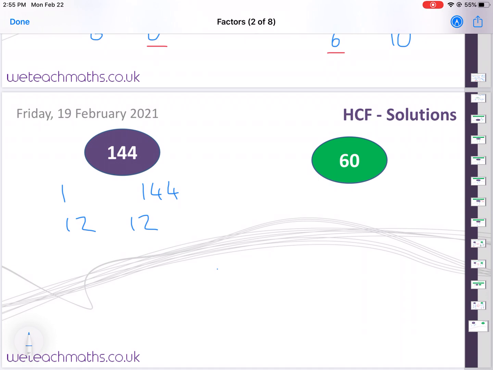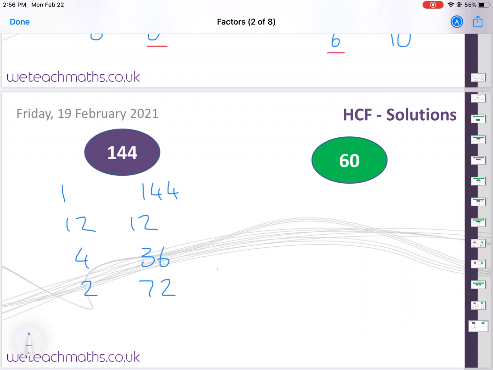We can also divide it by 12, so it's 4 and 36. We could divide 144 by 4. What else? We've got 2 and something as well. 2 and 72. I think that may be us.